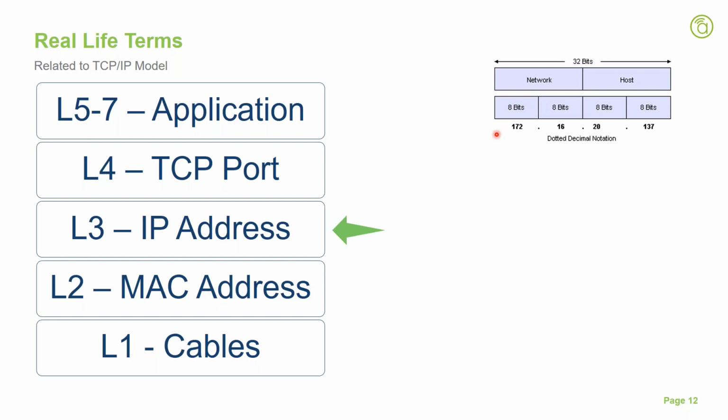But long story short, the IP address is a decimal addressing scheme. It's 32 bits. The one thing you need to know is that usually the IP address is tied to what we call the subnet mask. And the subnet mask's purpose is to logically define what is the network portion of the IP address and what is the host portion of the IP address.